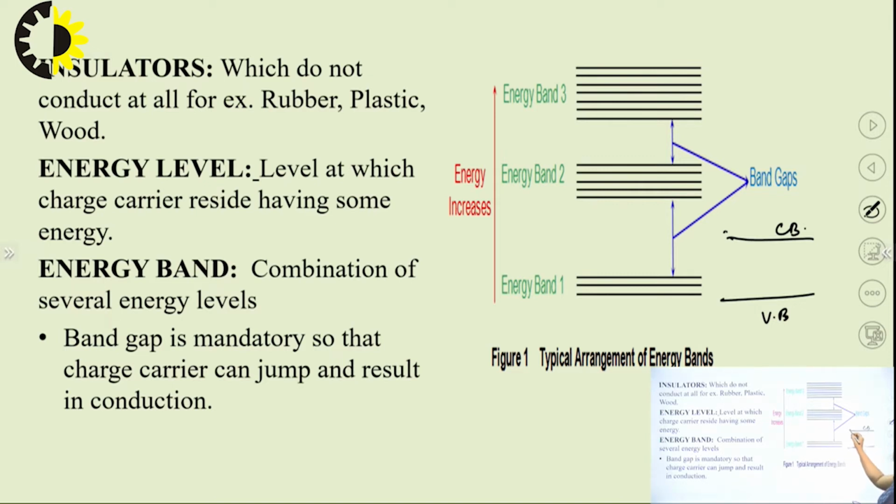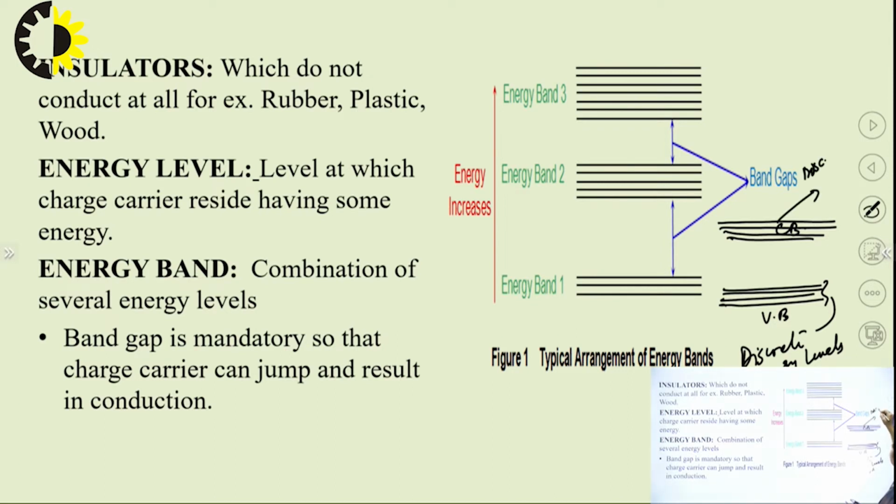So there are discrete energy levels in the valence band, and also discrete energy levels in the conduction band.